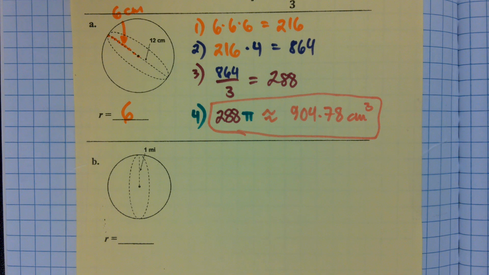Now box your answer. So do 4 divided by 3. Box your answer.